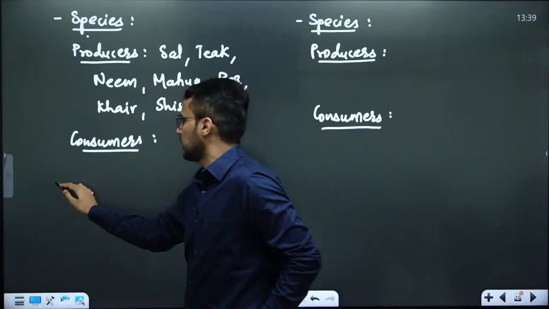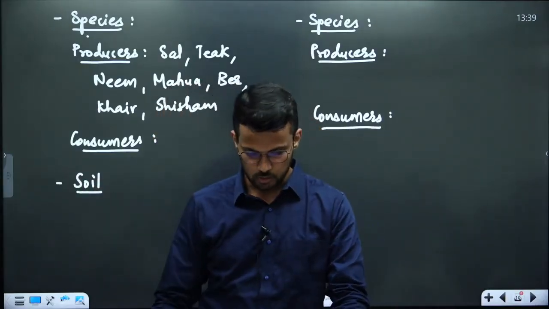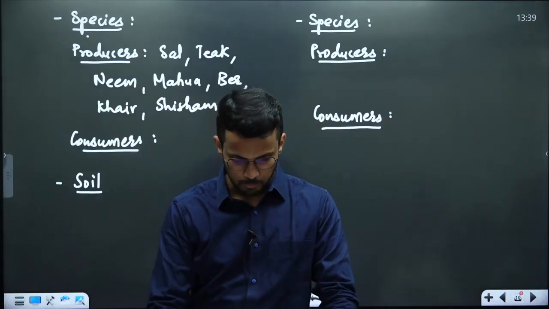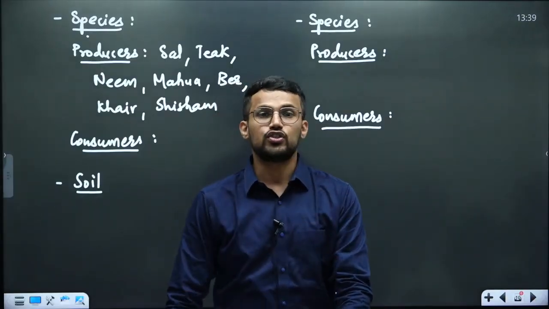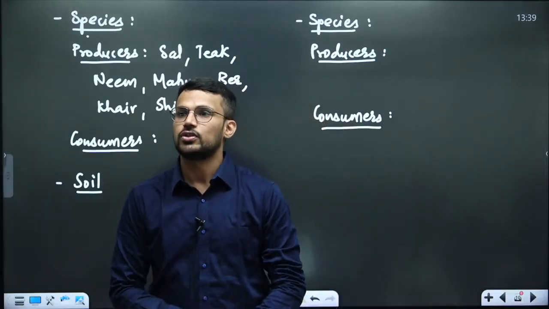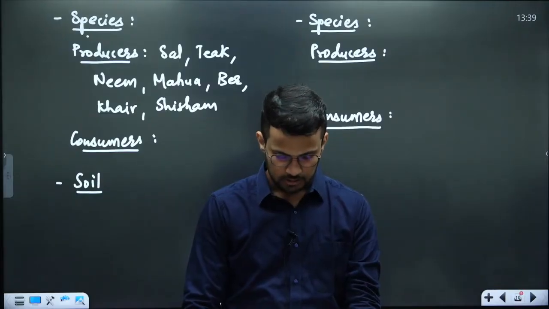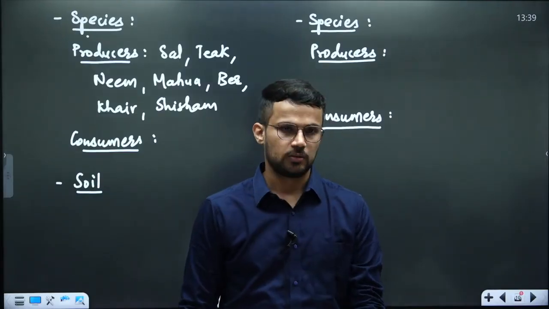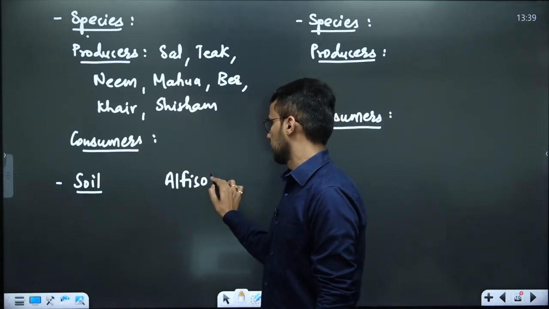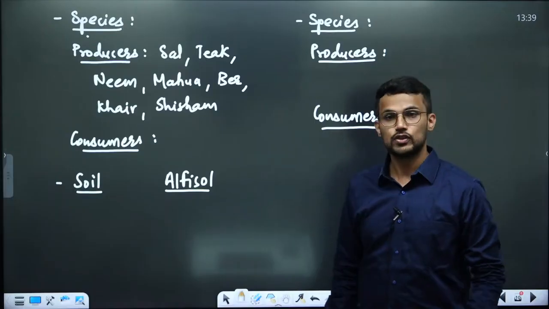Now last point, soil. Last point is soil. Under that, for tropical deciduous, soil is rich in nutrients called alfisol. Right?